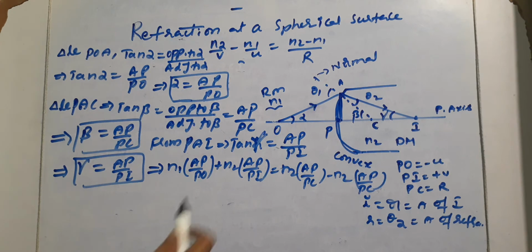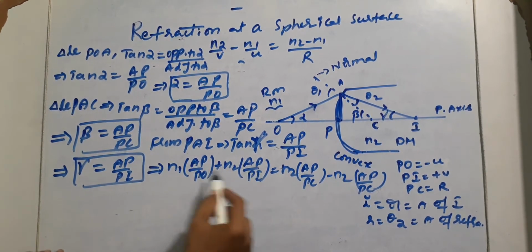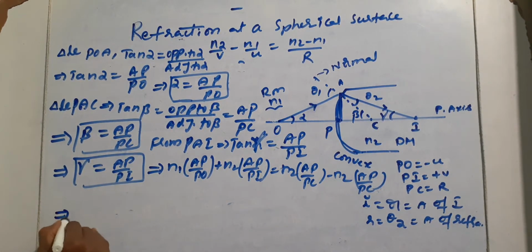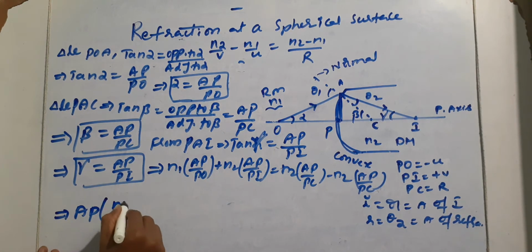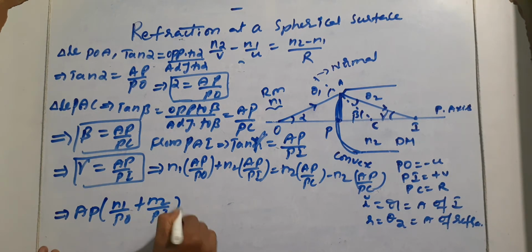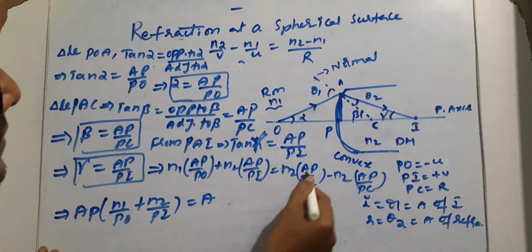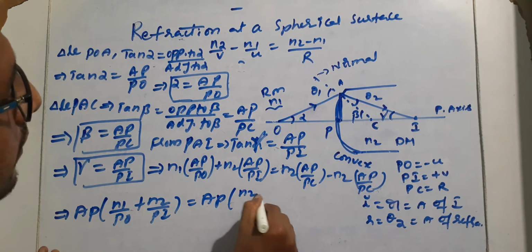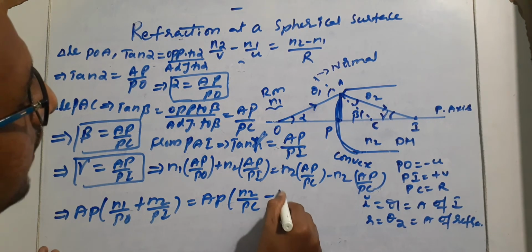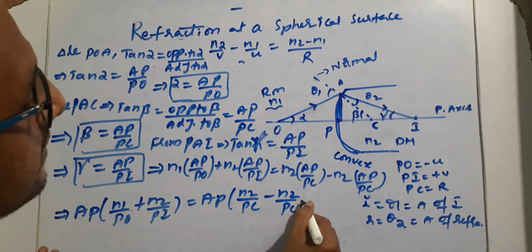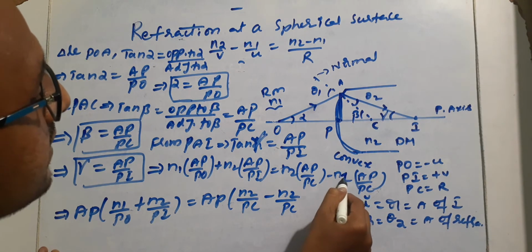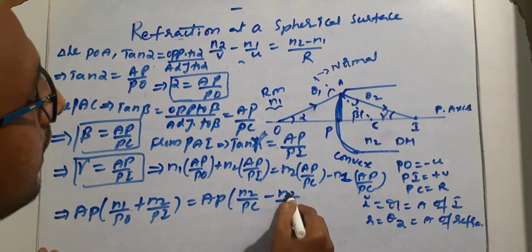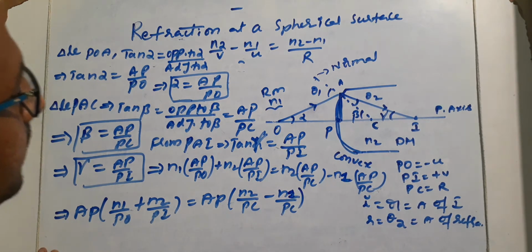So now in this expression AP is a common quantity, so you can take it out as a common quantity: n1 by PO plus n2 by PI is equal to, here also AP is common, n2 by PC minus n1 by PC.